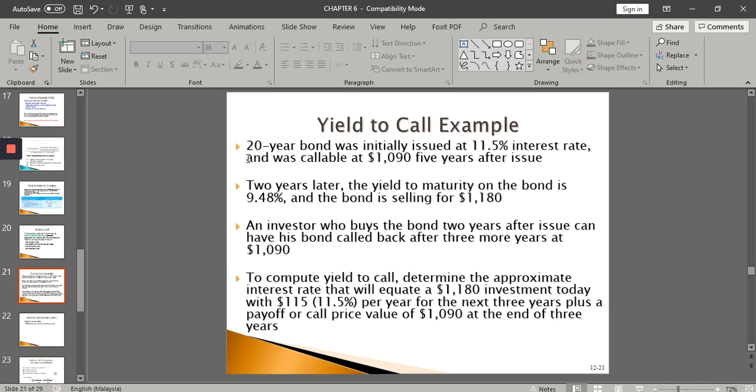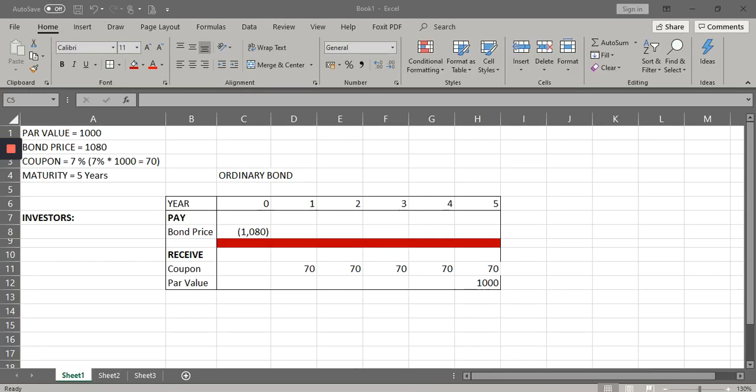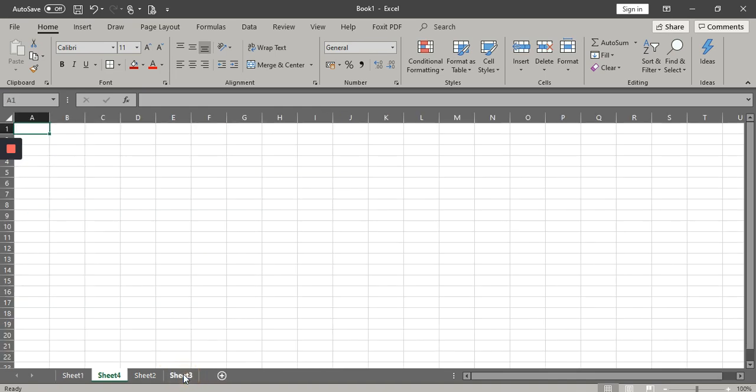So if you do the example, yield to call will be equal to your coupon, which is 115, plus your call price, 1090 instead of par value, minus 1180.